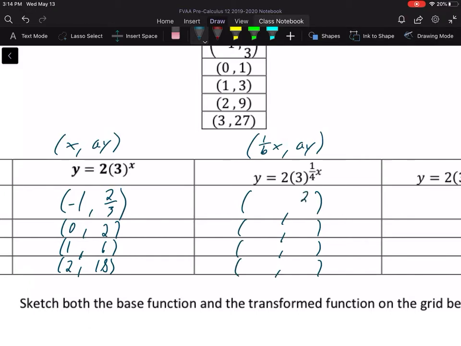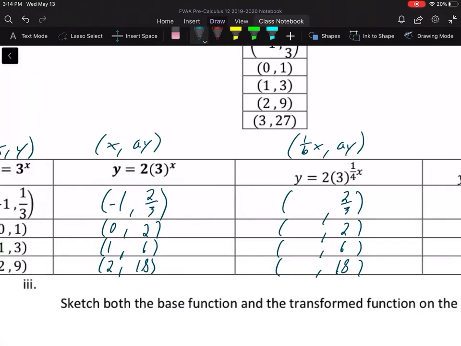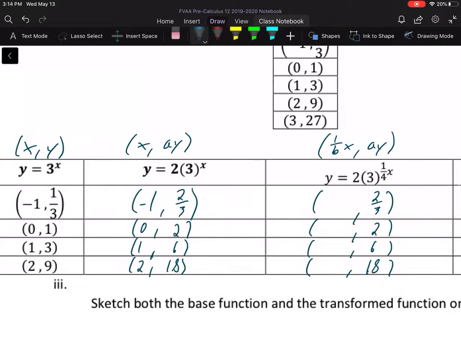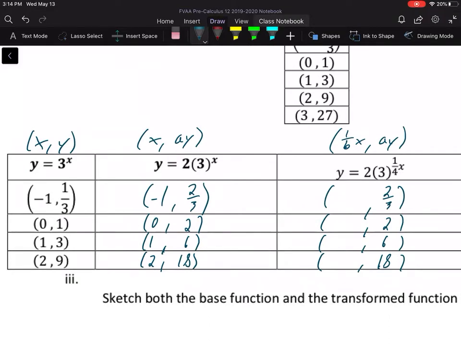That was 2 over 3, 2, 6, 18. And now my b value, it's 1 over b, so it's 4 times the x value. So this is negative 4, 0, 4, and 8.